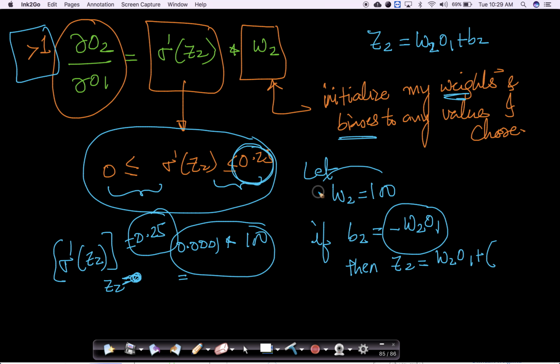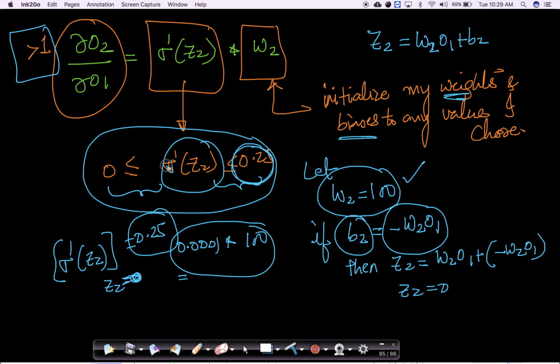So if I initialize my weight W2 and initialize my bias to minus W2O1, then my Z2 becomes 0. When my Z2 becomes 0, the derivative of sigmoid of Z2 at Z2 equals 0 is 0.25. So in this product, this value is 100 and this value is 0.25. The overall product is now 25, which is greater than 1.